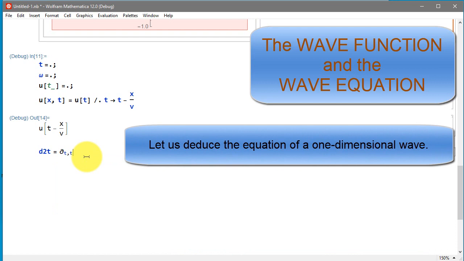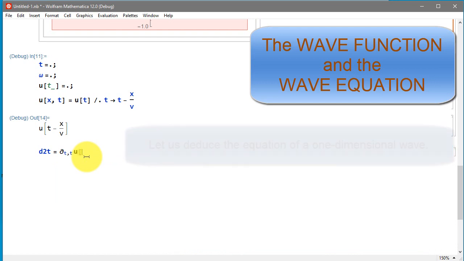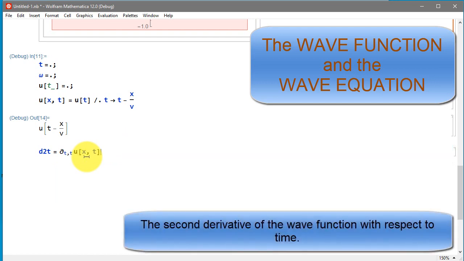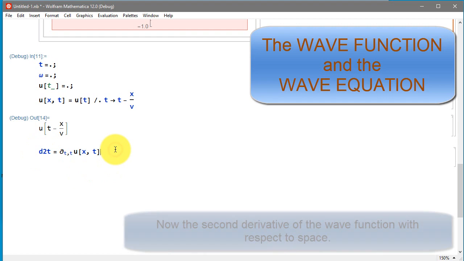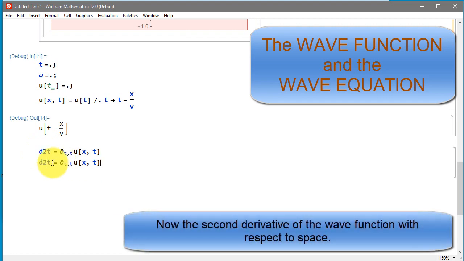Let us deduce the equation of a one-dimensional wave. The second derivative of the wave function with respect to time. Now the second derivative of the wave function with respect to space.